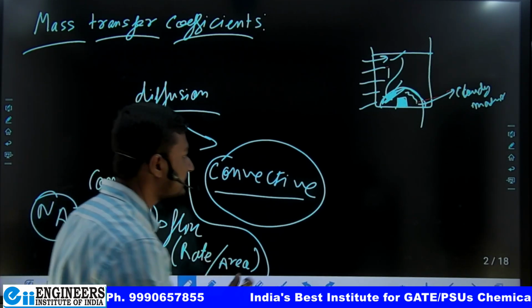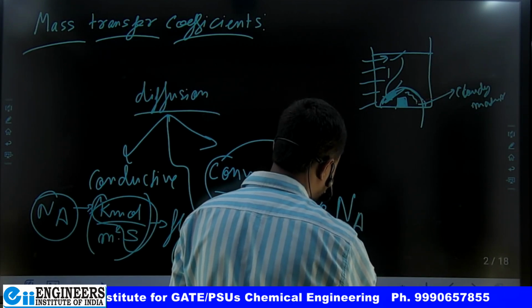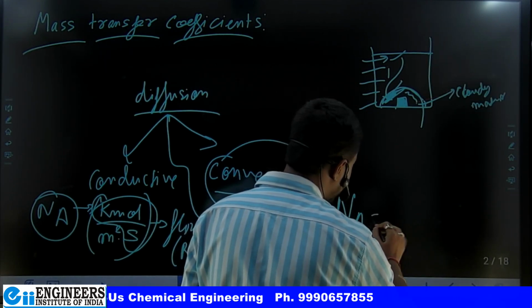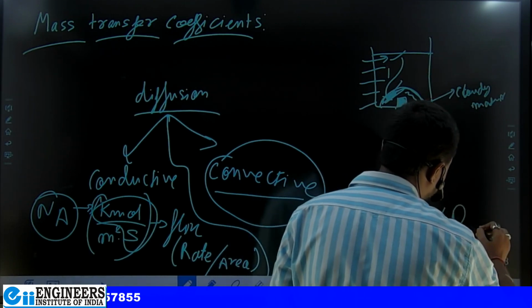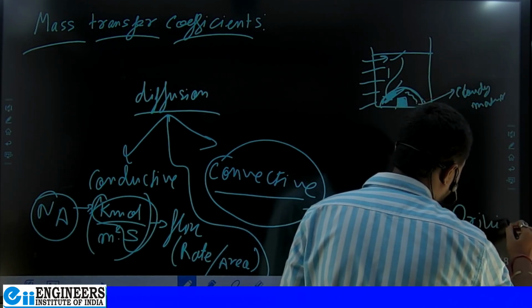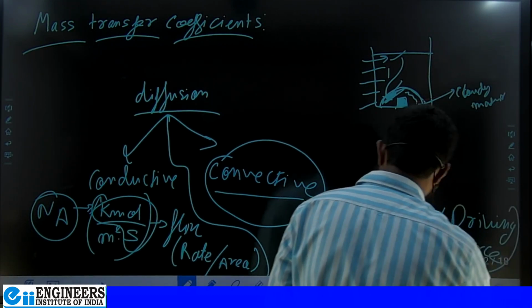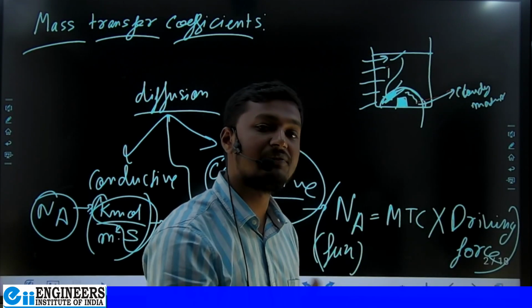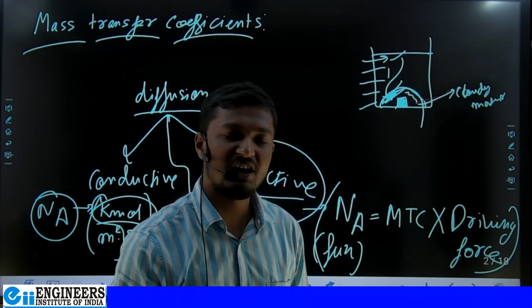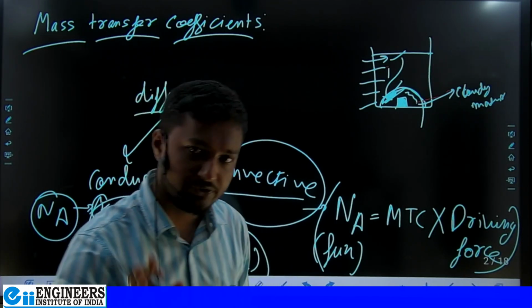So for convective mass transfer, we write our Na, that is our flux, directly equal to mass transfer coefficient times driving force, and this mass transfer coefficient is selected based on what driving force we are going to use.